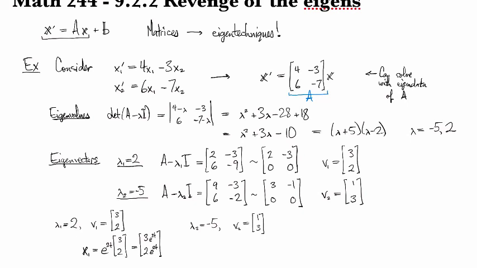And so key point here, I'm taking the eigenvalue and putting it up here next to t, and then I'm just strapping that next to the eigenvector that I found. And I'll do the same thing over here. So I have e to the minus 5t times the minus 5 eigenvector.